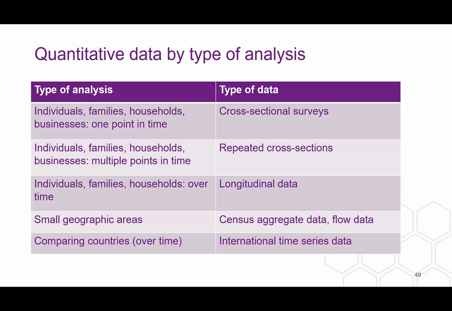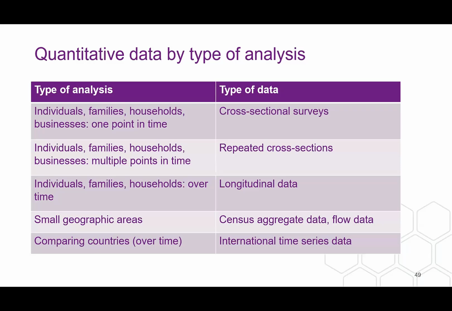As well as considering your variables and concepts, you might also want to consider the kind of analysis you want to do or can do with the data. So, for example, if you're interested in looking at individuals at a particular time point, you're going to want to use a cross-sectional survey, like the Crime Survey for England and Wales. If you want to look at individuals over time, you may want to use longitudinal data.